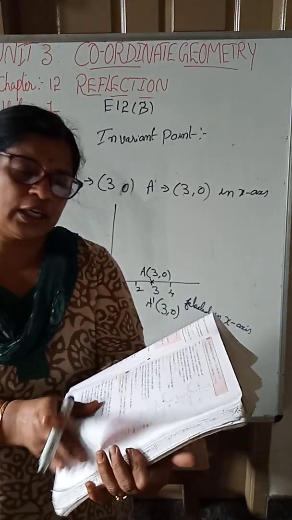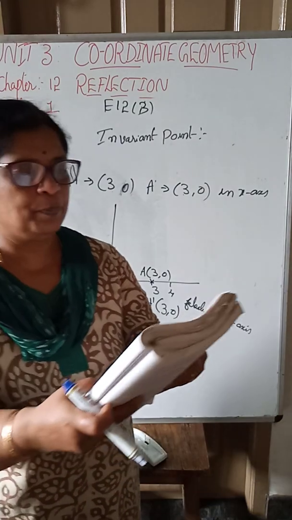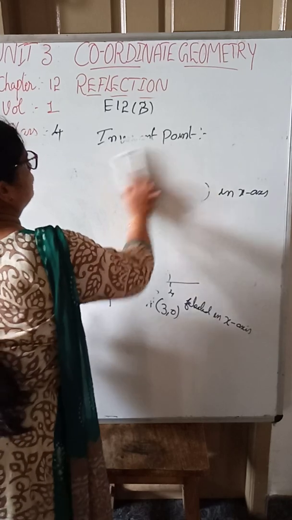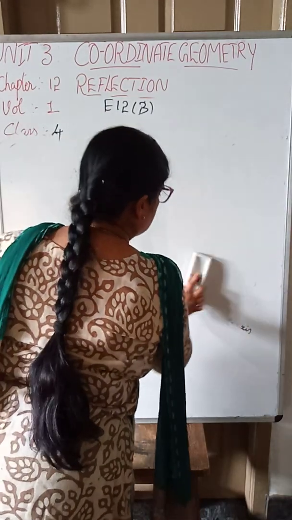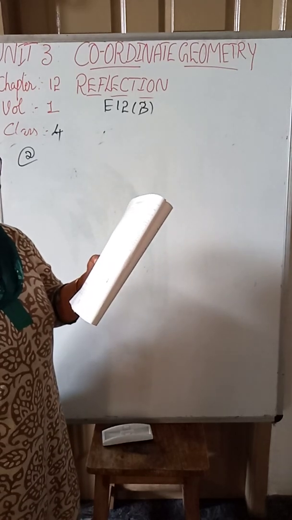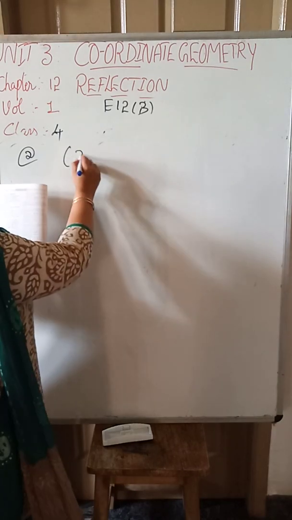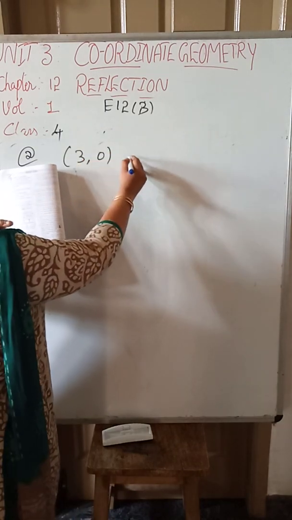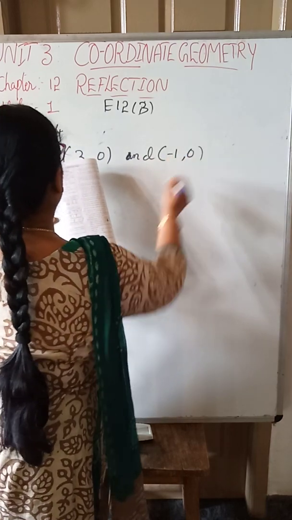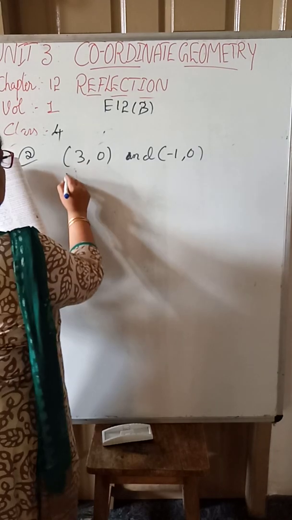Now let us go to exercise 12B, second one. This question is with the invariant point. Exercise 12B, second question: points 3, 0 and -1, 0 are invariant points under reflection in the line L1.